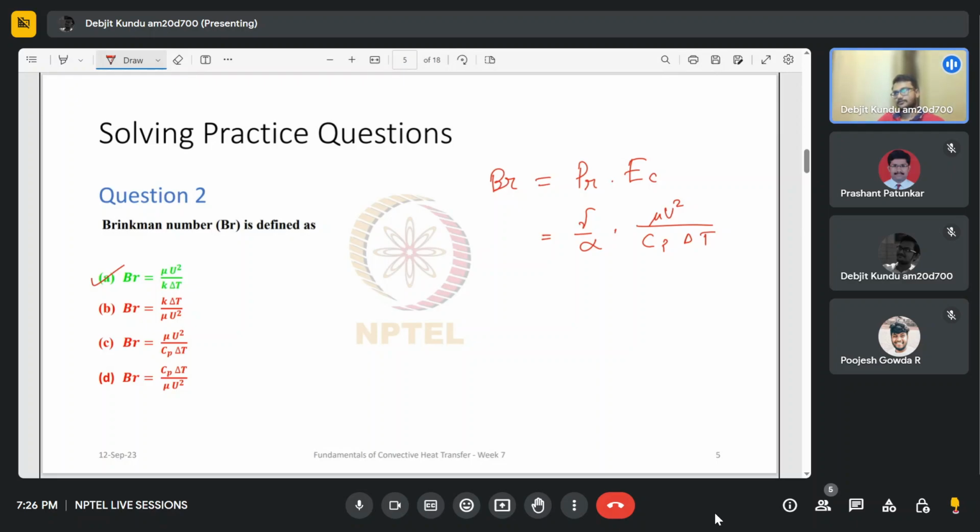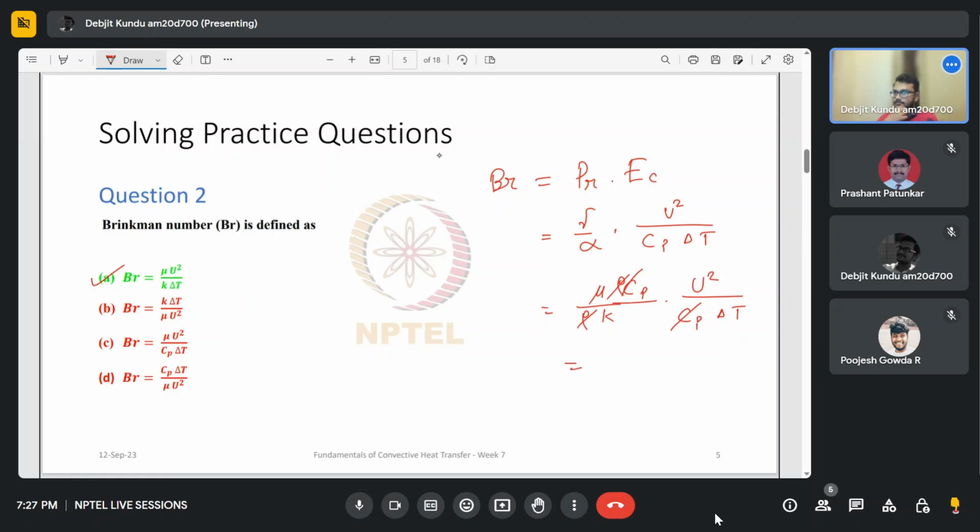Yes, it's u square over Cp delta T. So nu can be written as mu by rho, and alpha is k by rho Cp, and here we already have u square over Cp into delta T. So Cp cancels out, rho cancels out.